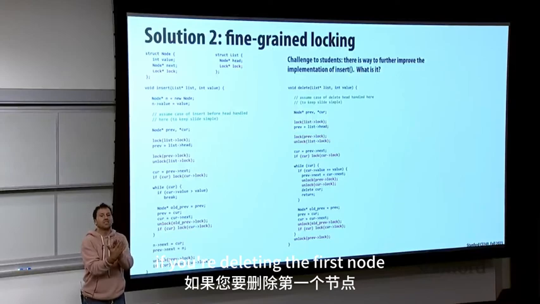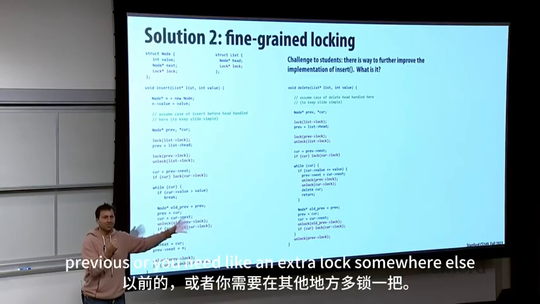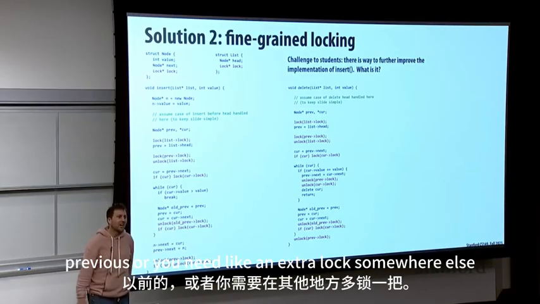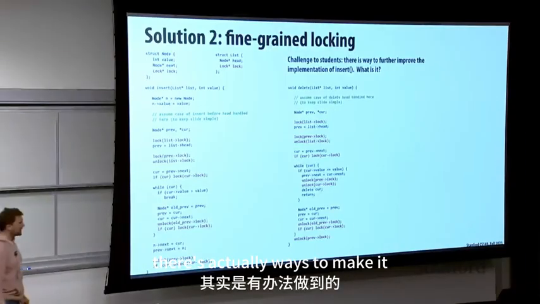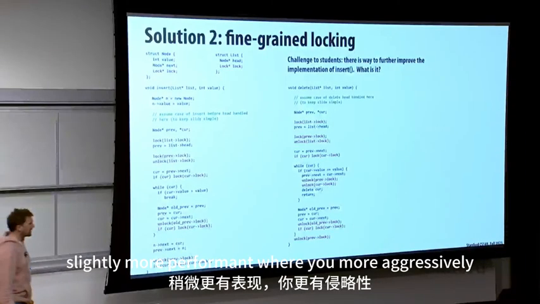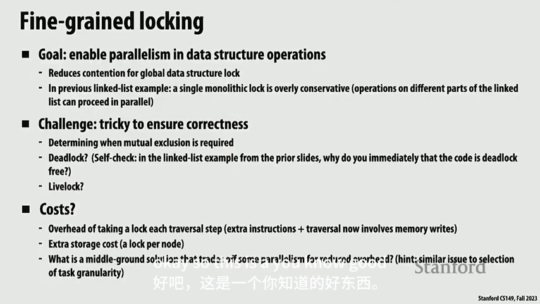If you're deleting the first node, you either need a dummy previous or you need an extra lock somewhere else. So this code is correct. There's actually ways to make it slightly more performant where you more aggressively unlock things, and I'll leave that to the class to sort out on the discussion board.